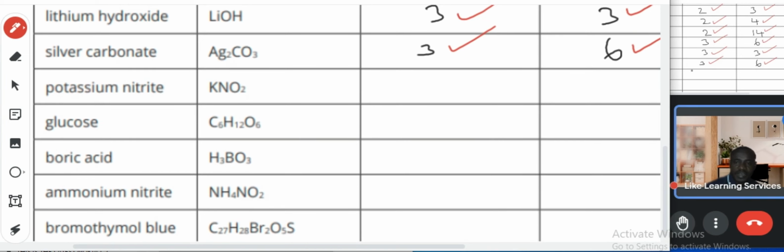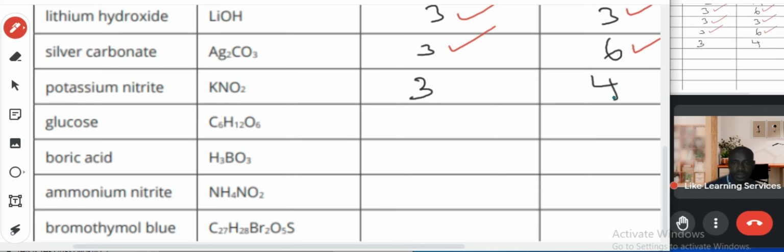Potassium nitrite, that's correct. Excuse me, glucose. 1, 2, 3.